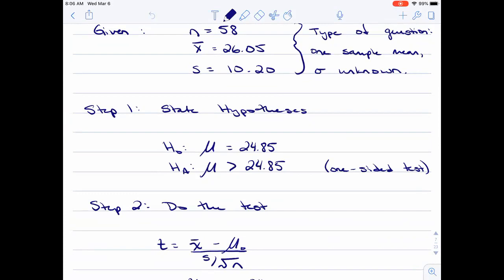So we're hoping to show that mu is actually greater than 24.85. Because we only care about one of the extremes, we have a one-sided test. Whether your test is one-sided or two-sided comes from the sign in here. Only if you have a not equal to, if you just want to show that they're different, do you have a two-sided test.